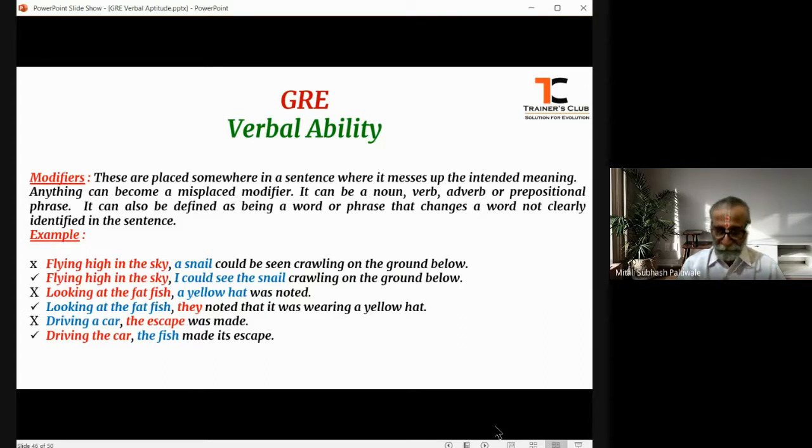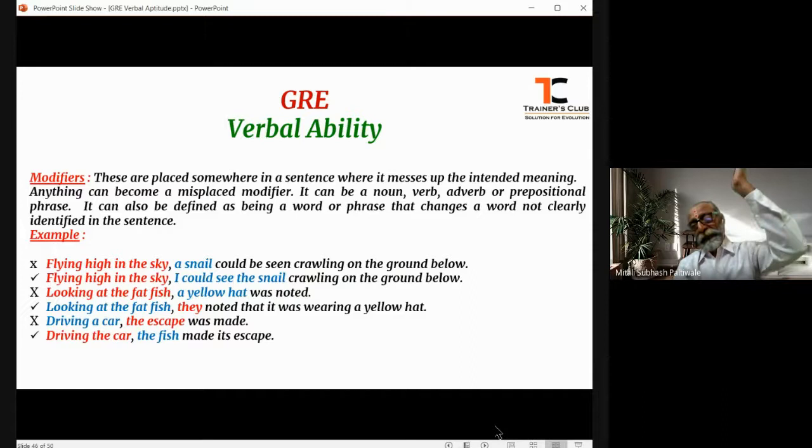Say, for example, flying high in the sky, a snail could be seen crawling on the ground below.